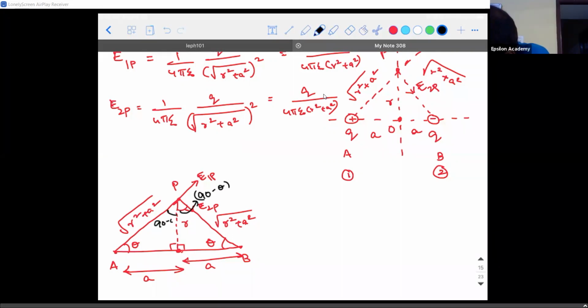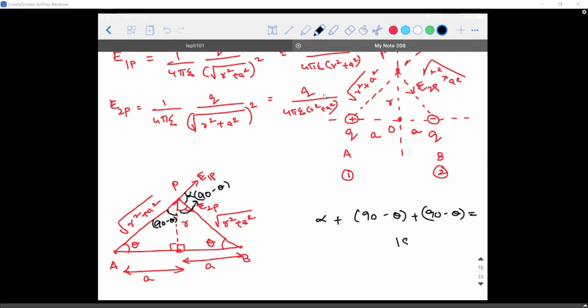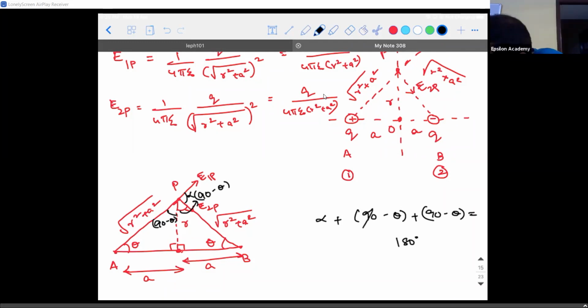This will also be 90 minus theta. So if I take this angle as alpha, alpha plus 90 minus theta plus 90 minus theta should give you 180 degrees. So 90 plus 90 and 180 will get cancelled. Alpha will be equal to 2 theta.